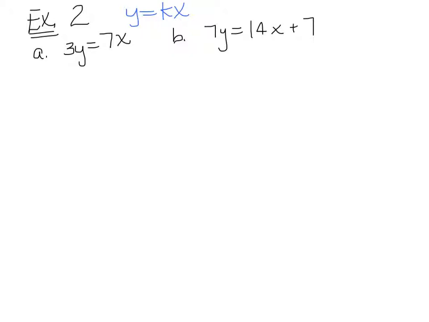And I always say, get y by itself to see. So in this first example, if you divide by 3, you'll get y equals 7/3 x. Well, this is the same form as this, where k would be 7/3. So this one would be yes.